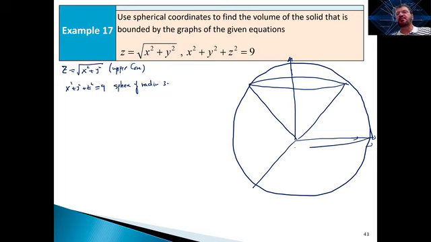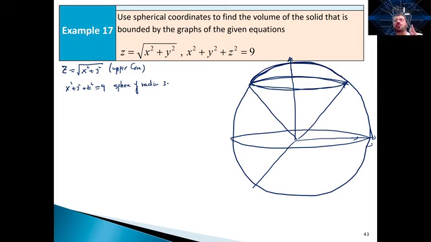But anyways, what do I need from that sphere? I need to find the volume of the solid that is bounded by these two graphs. So where is the first? Here's the cone, guys. Here's the cone. And here's the top of the sphere. Bounded by these two, okay? So if I go here and I make that x-axis, probably he's asking about that cover.